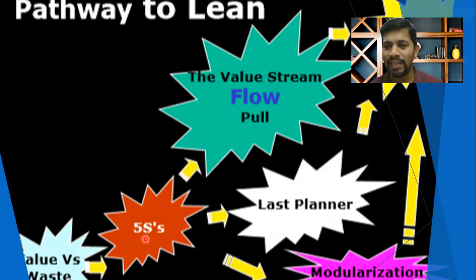Value added means anything the customer pays for, and you do it right the first time, and it adds value to your process. All these are called value added. Non-value added is the flip side, meaning the customer doesn't pay for it, and anything like rejection, scrap, all of these fit in non-value added. Value enabling is something which is part and parcel of a regulatory requirement.